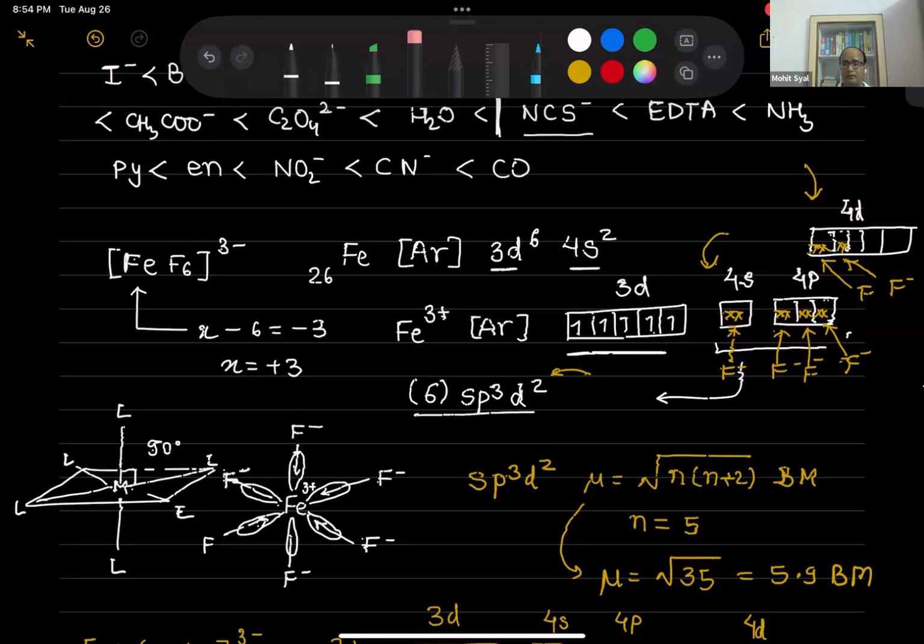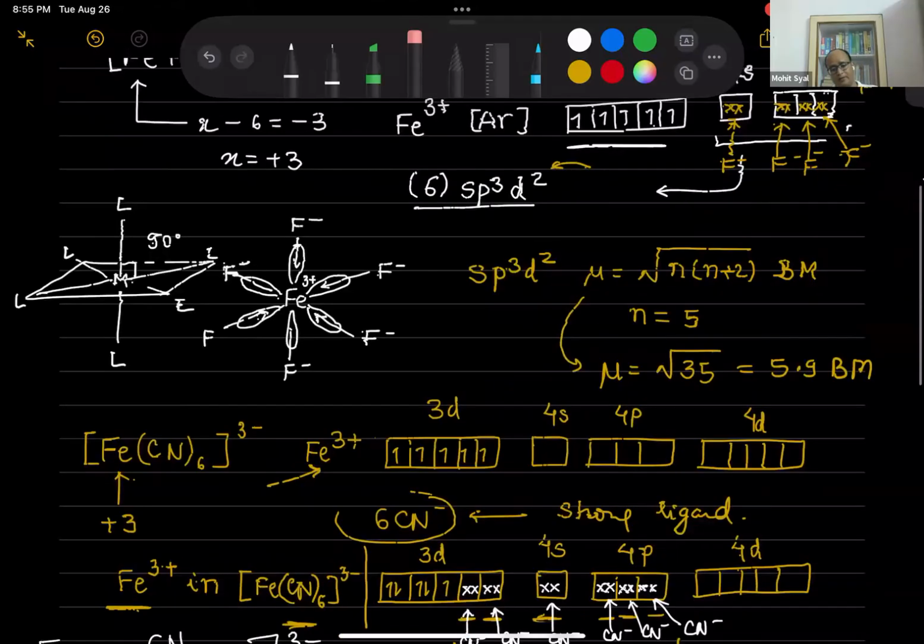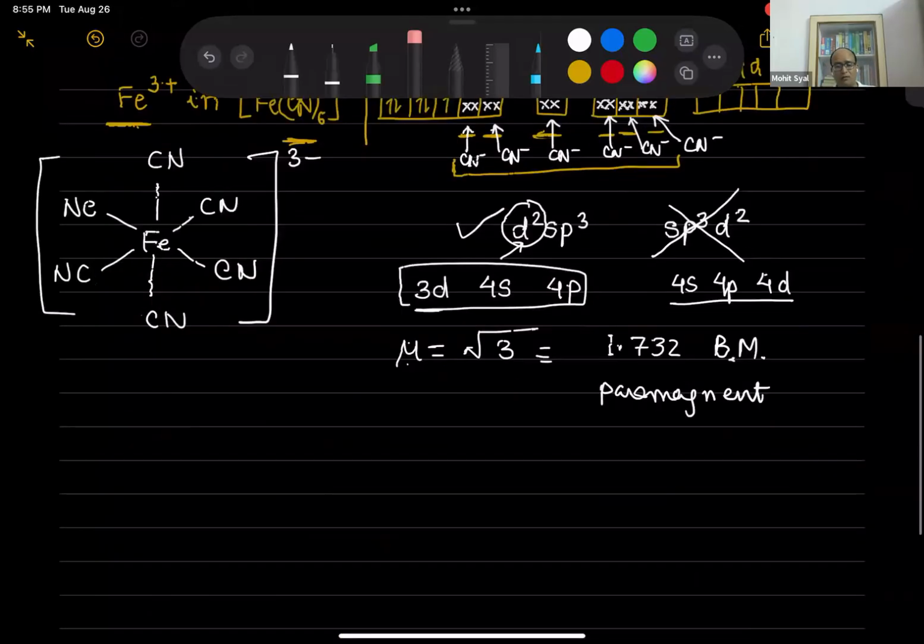But if these inner d orbitals are not available, then you are going to use the outer 4d orbitals, 4s, 4p, and 4d for bonding. Got it? That complex will be an outer orbital complex. So it is either both inner or both outer.